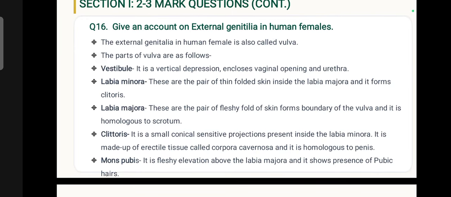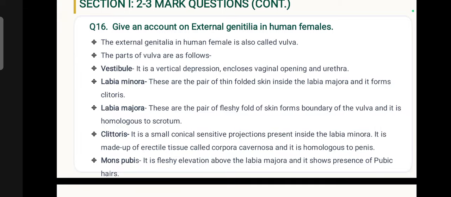Give an account on external genitalia in human females. External genitalia together is also called vulva, and there are different parts mentioned here. Vestibule, it is vertical depression which encloses vaginal opening and urethra. Labia minora, these are thin pair of folded skin.